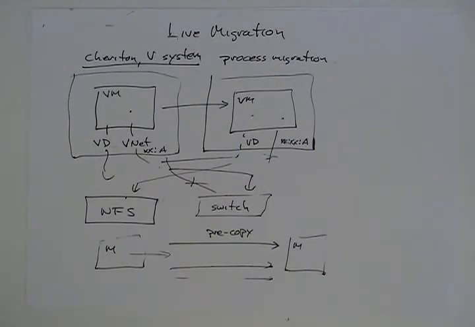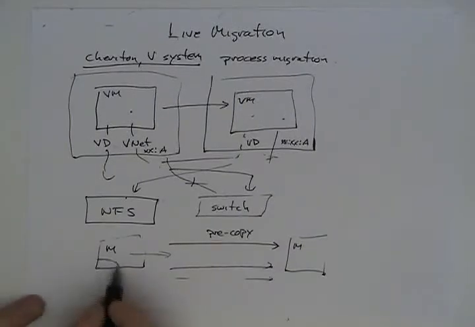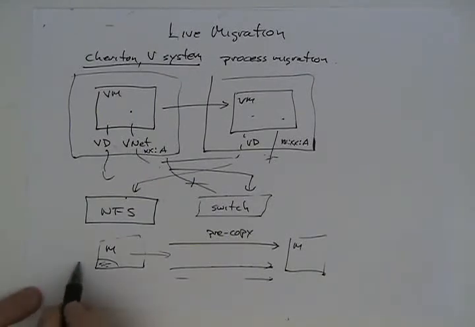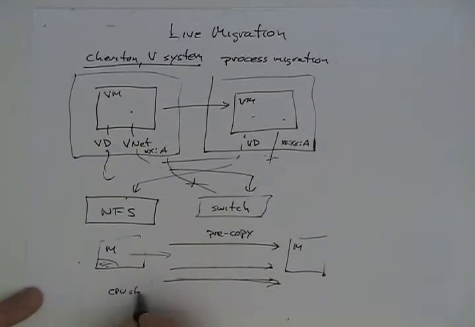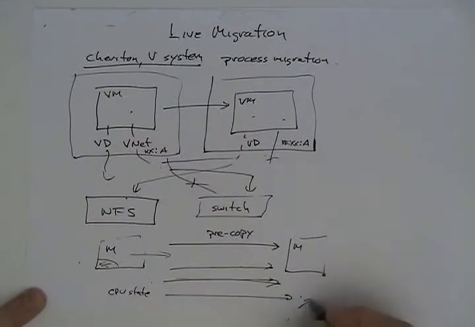And finally you get to the point where there's some small core working set that's still being modified. At this point you stop the virtual machine, you move the last of the memory across, you move the CPU state, the register contents and so on across, and then you start this one up.